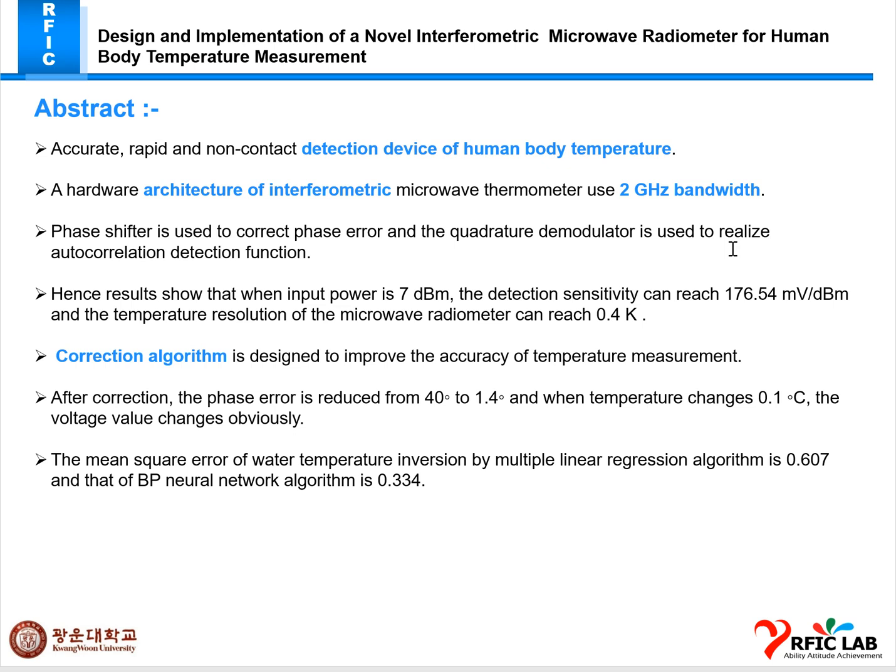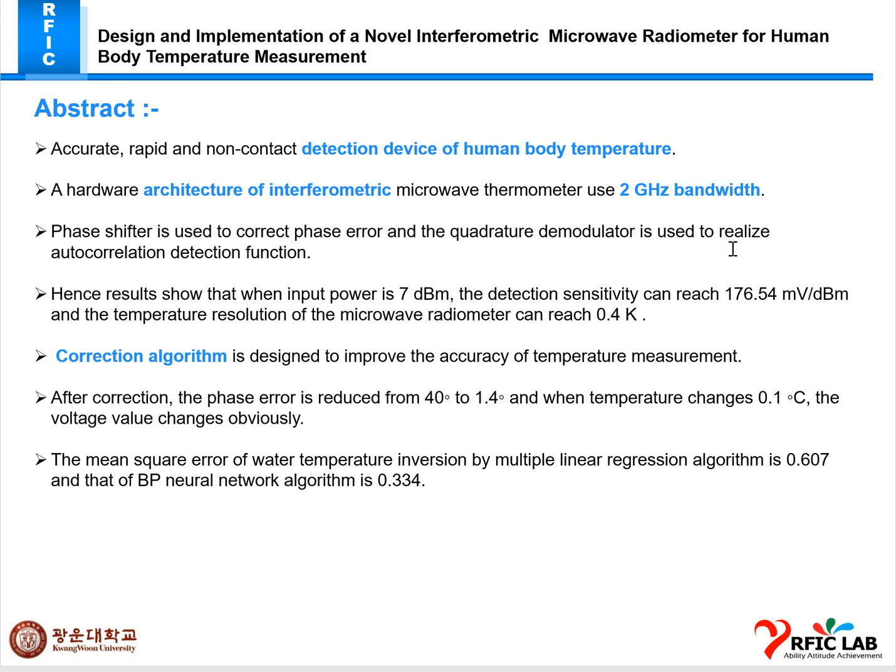The result shows that the input power is 7 dBm, the detection sensitivity reaches 176.54 mV, and the temperature resolution reaches 0.4 K. In this design, they used a correction algorithm to improve the accuracy of the temperature measurement.